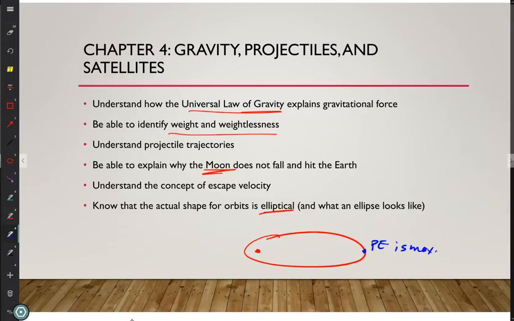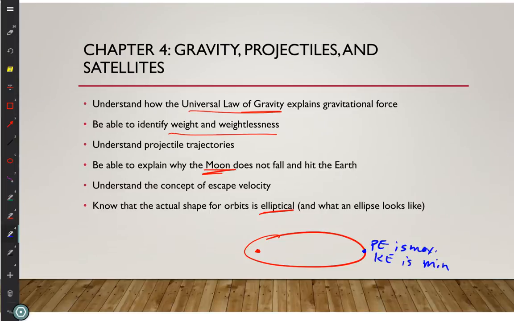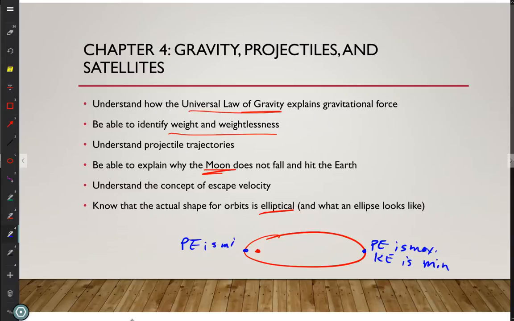So what does that mean about the kinetic energy? Its kinetic energy is minimum. It's not going to be zero, but its kinetic energy is minimum out there because it's converted as much of its energy as it can into potential. When it comes back in, here its potential energy is minimum. So that means kinetic energy is max. And so it's going to be going fastest when it's closest.